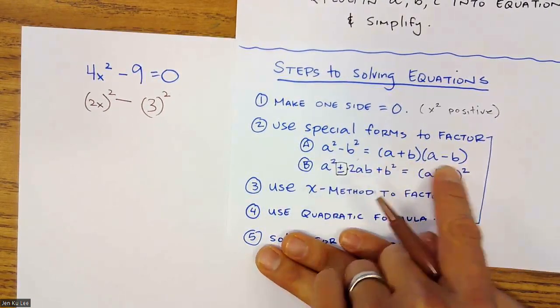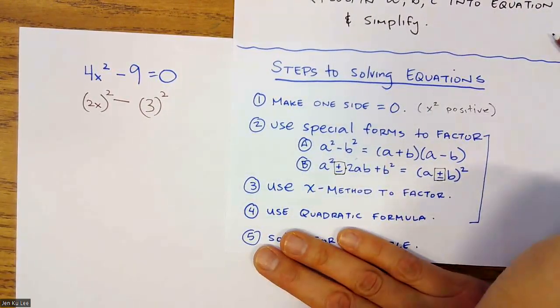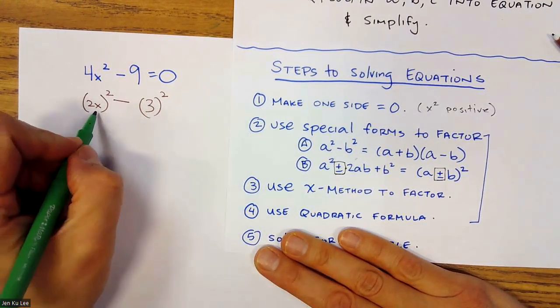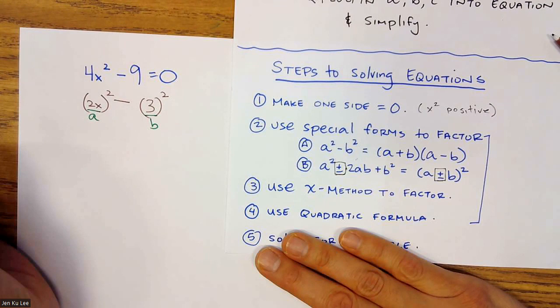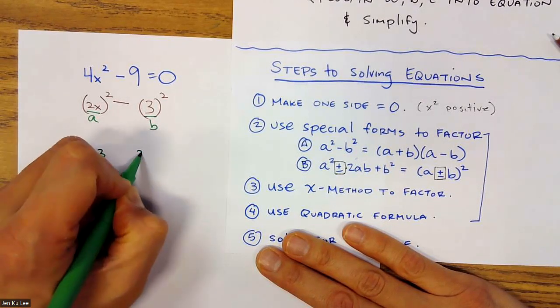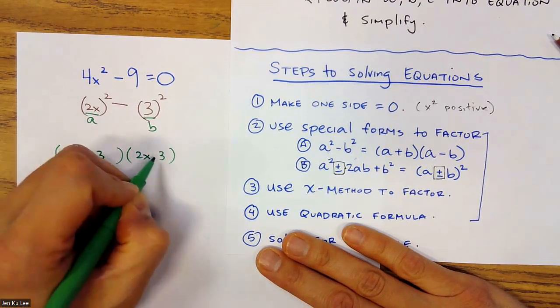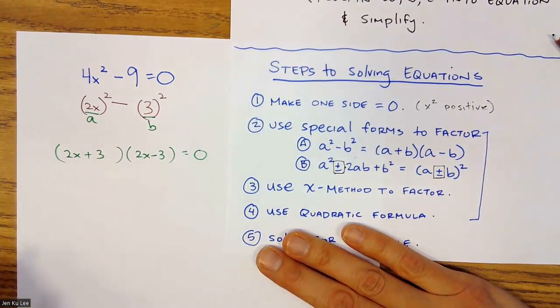So it breaks out to be a plus b, a minus b. And the reason why I break it down like this is because now I have my a and now I have my b. Okay, so if it's a plus b, a minus b, I know it's 2x, 3, 2x, 3, a plus and a minus equals 0, right?